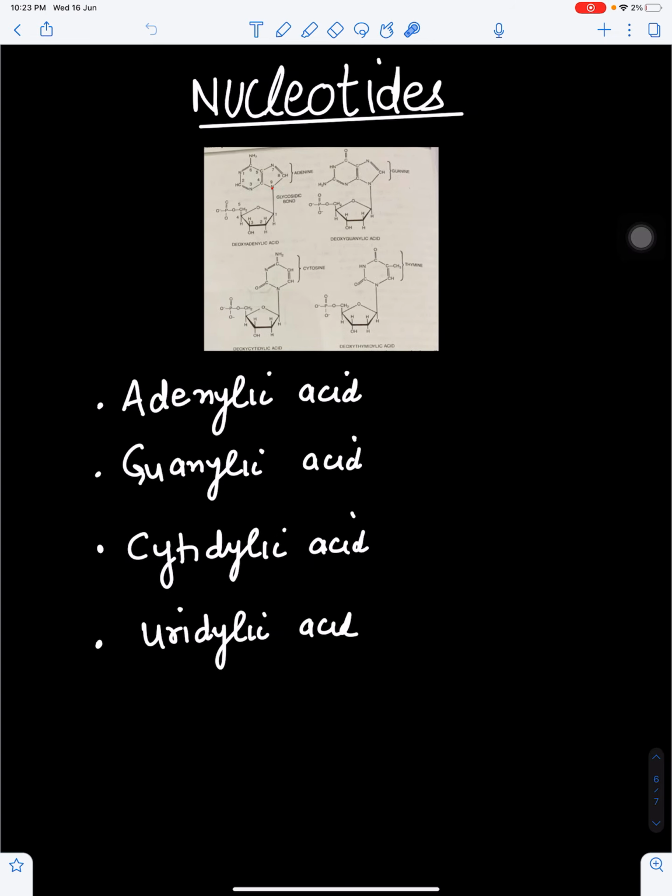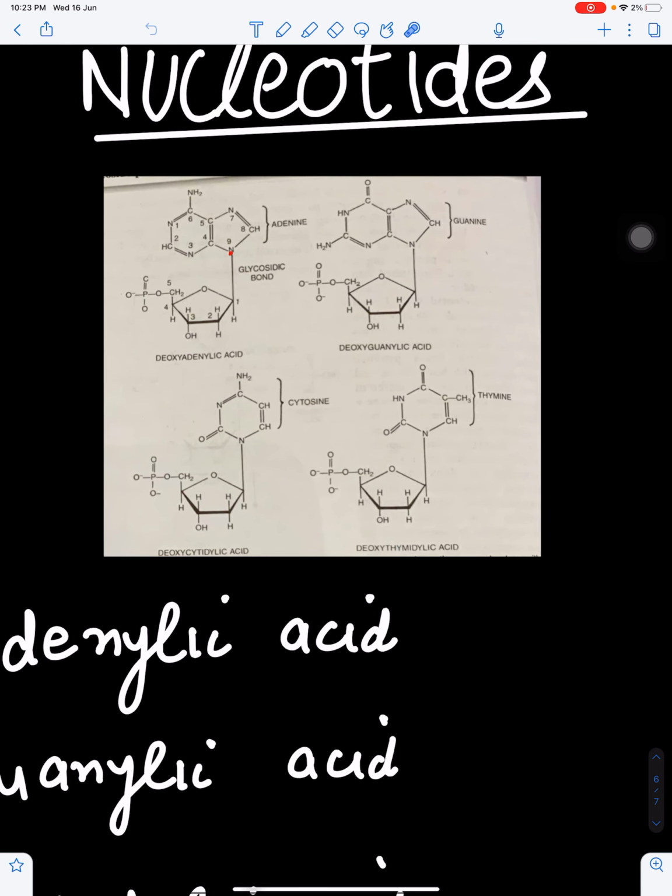Now what are nucleotides? If we have deoxyribose sugar and base is adenine, this is phosphoric acid, this is glycosidic bond and this is the ester bond. This is called as deoxyadenylic acid. And if it has guanine, now this is guanine, deoxyribose sugar, phosphoric acid.